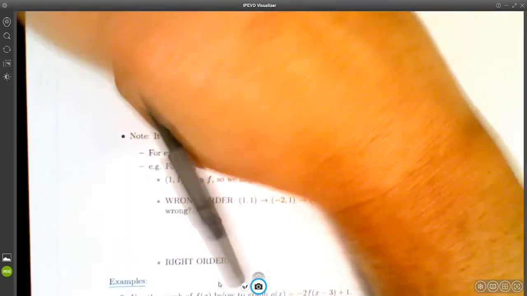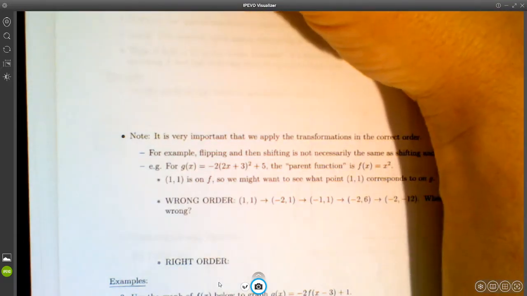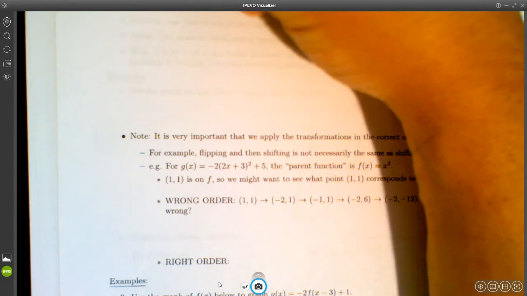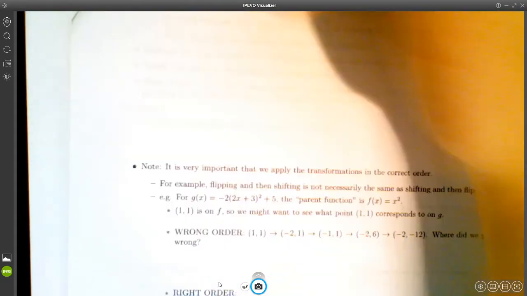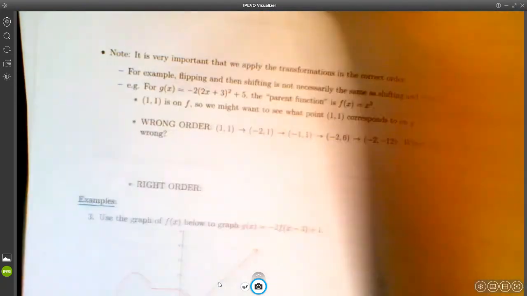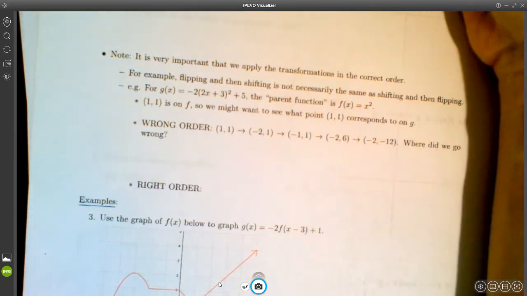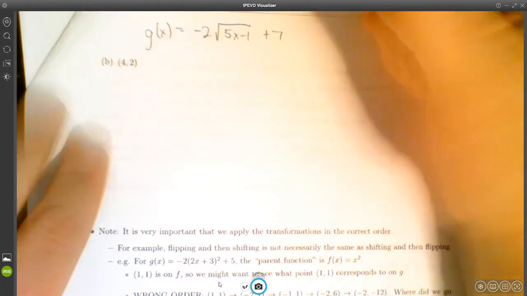Part B: (4, 2) is definitely on the graph of f(x) = square root of x. We want to know what's the corresponding point on g(x) = -2 root (5x - 1) + 7. So what's the corresponding point on g(x)?